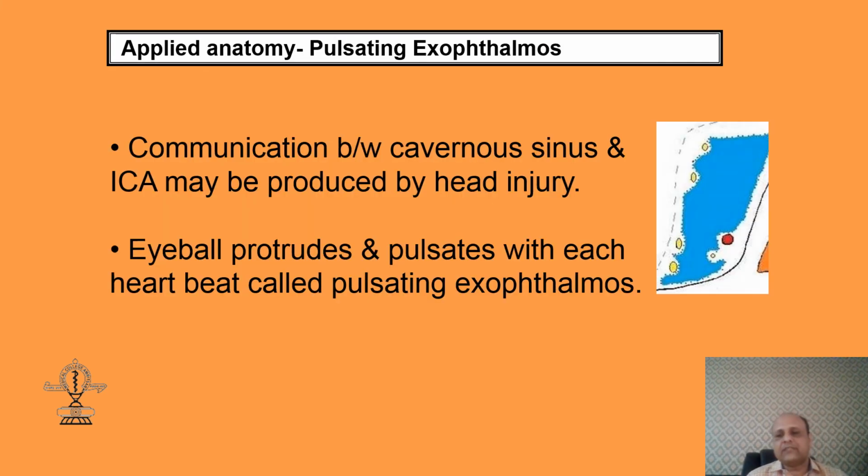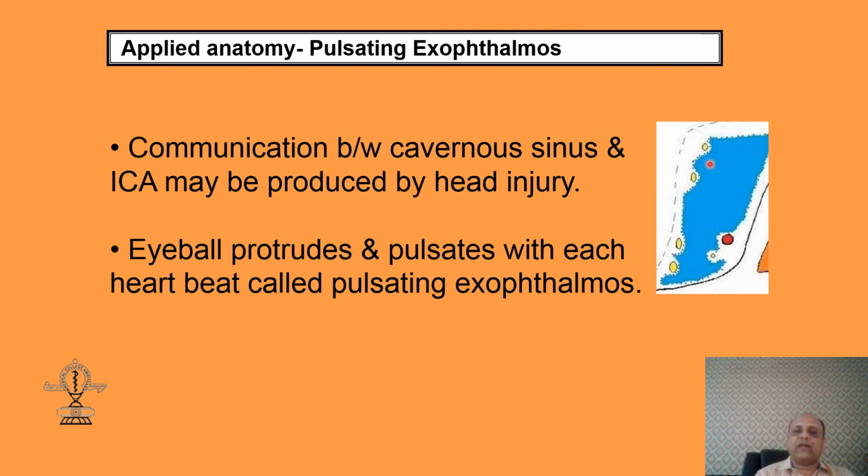Now, other applied aspect of cavernous sinus is pulsating exophthalmos. Now, what is pulsating exophthalmos? Suppose there is a head injury, and in that case, due to the head injury, there may be communication of arterial blood in the internal carotid artery with the venous blood in the cavernous sinus. So this venous blood in the cavernous sinus is in communication with the orbital veins.